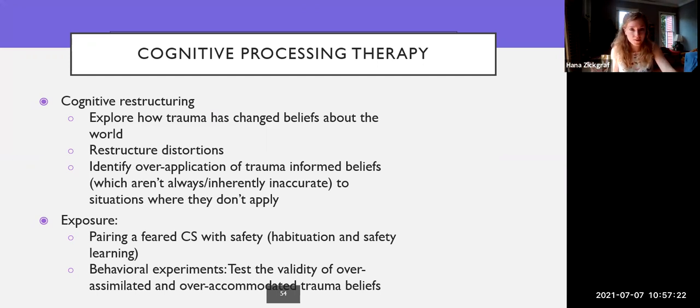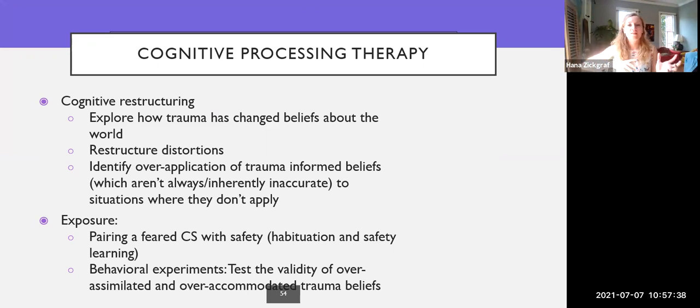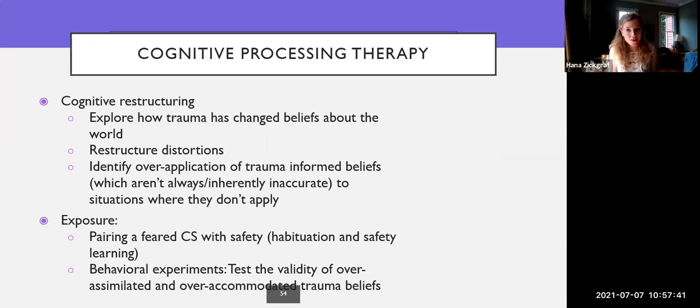So just like other types of cognitive therapy, there's a heavy dose of cognitive restructuring, where the patient and therapist together explore the ways that trauma might have changed and challenged their beliefs about the world. They work on recognizing distortions, so ways that they over-accommodated or over-assimilated, and then work through exposure to unlearn those memories, to unlearn those belief changes, to prove those changes in belief wrong.